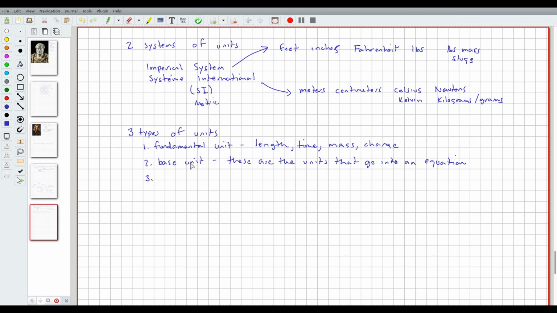Now, the third type of unit that you see is something called the derived unit. They're not base units necessarily, although some are. They're not fundamental units at all. I'll give you an example of a derived unit. Units of speed or velocity. Okay? So speed, conceptually, is distance over time.